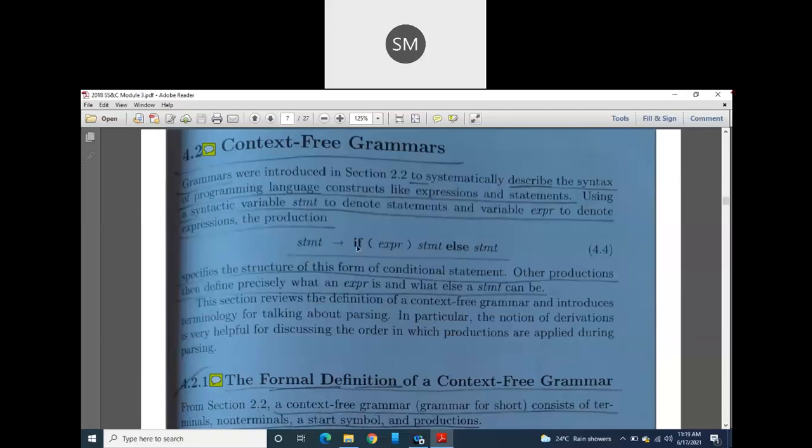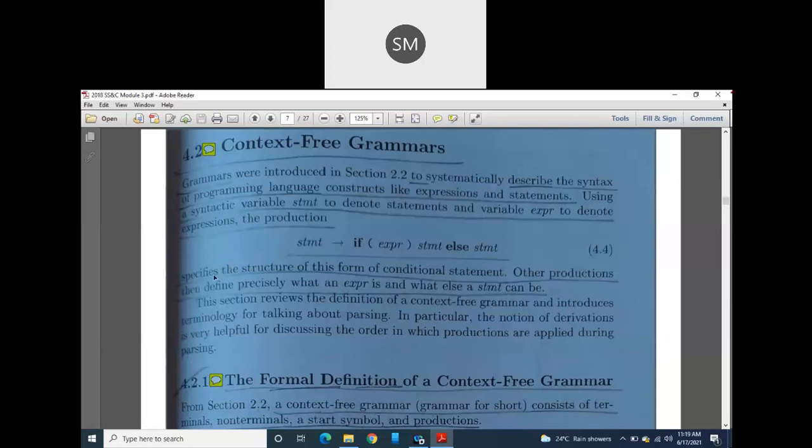Statement can be replaced by, or it may take this form: if followed by a parenthesis, expression is nothing but the condition of if, then followed by a statement. If this condition is true, this statement will be executed. If this condition is false, then you come to the else part and you execute the next statement, right?